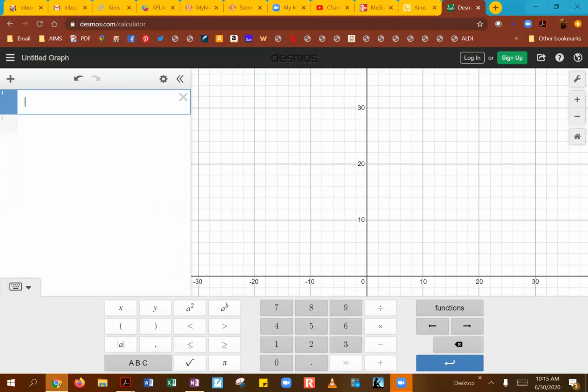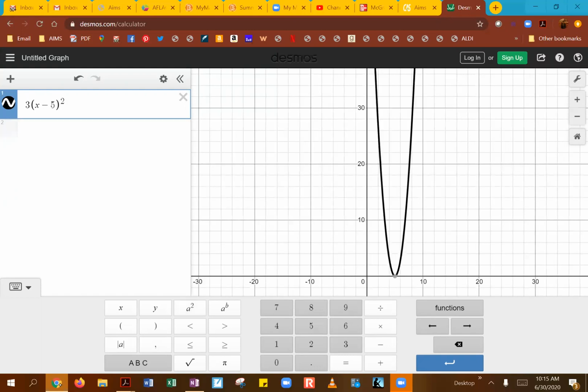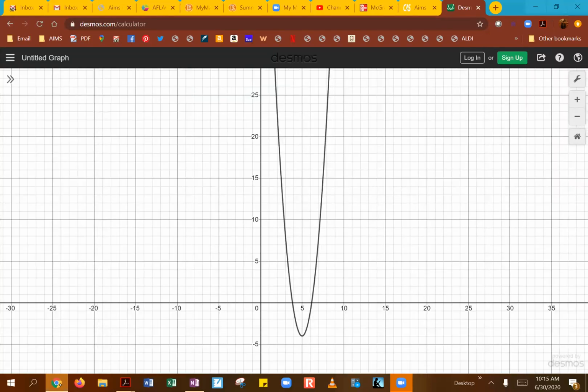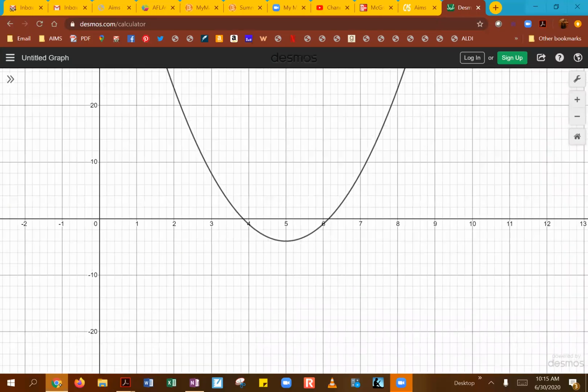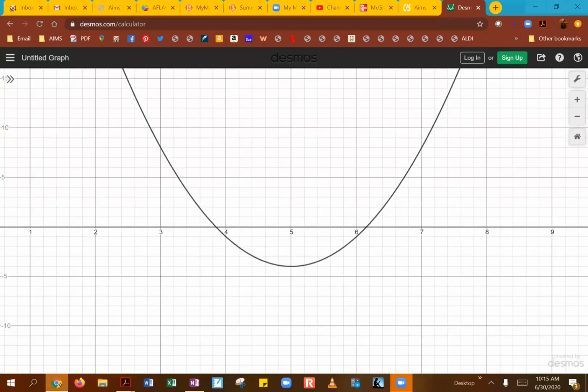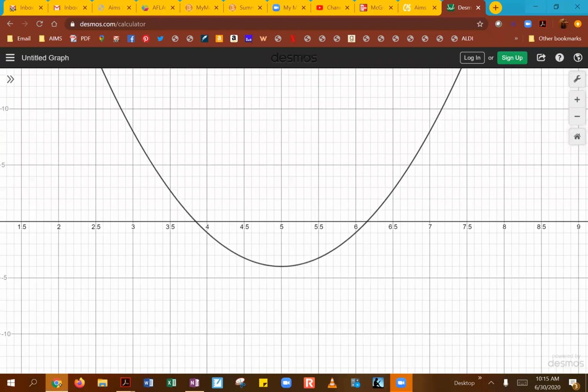So we've got 3 parentheses x minus 5 squared, and then we had minus 4. So as you can see, right over here, just a little bit after number 6, we've got our x-intercept, so they've got 6.11155, which is approximately what we had.